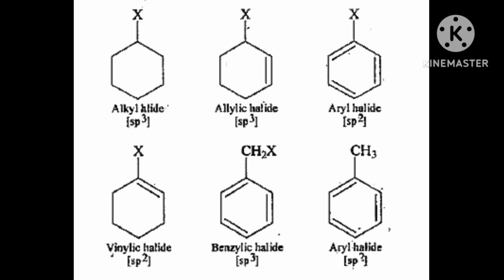Correct? In IUPAC name, the alkane name is written at the end. Then 1,2-dichloroethane. And in dichloroethane, you write di in small letters, capital letters only when starting a sentence. This I have told you about the IUPAC.